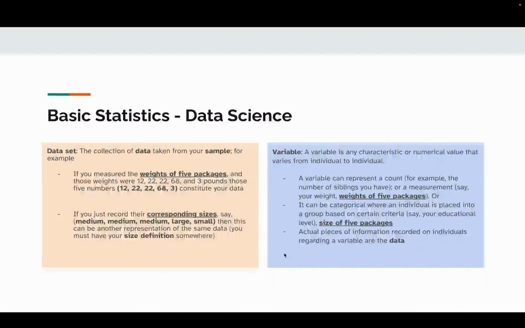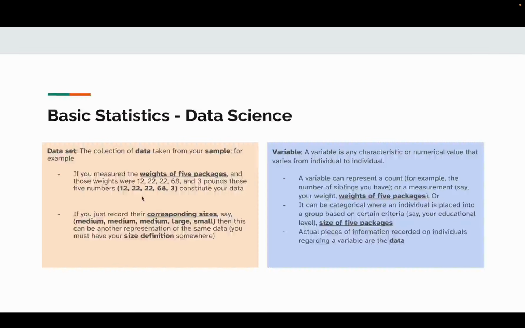Now we'll explain two concepts. One is the data set and the other one is the variable. So we want to do some experiment or research, and it depends on what data we are using. So let's say, in a simple scenario, our experiment is that we want to measure the weights of packages that arrive every day at your office.